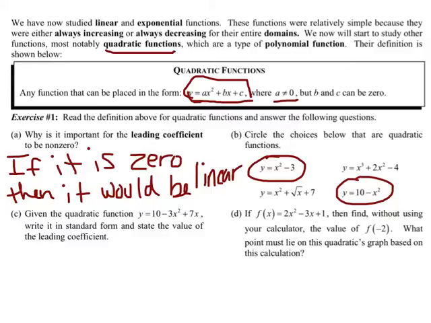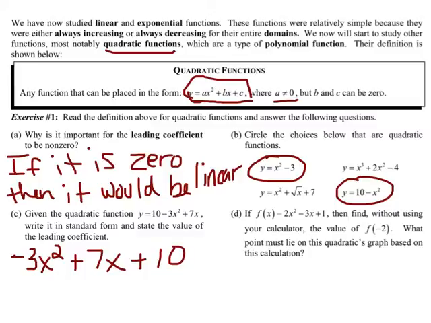C. Given the quadratic function, y equals 10 minus 3x squared plus 7x, write it in standard form and state the value of the leading coefficient. So remember that standard form is descending, so I'm looking at my exponents and I want to go down. So I'm going to start with negative 3x squared, then plus 7x, plus 10.